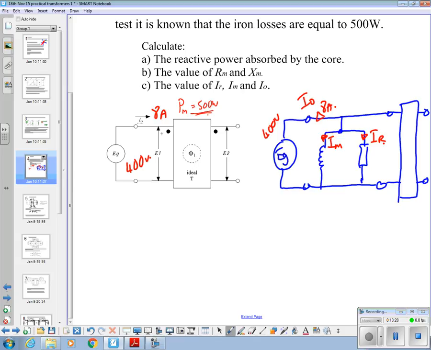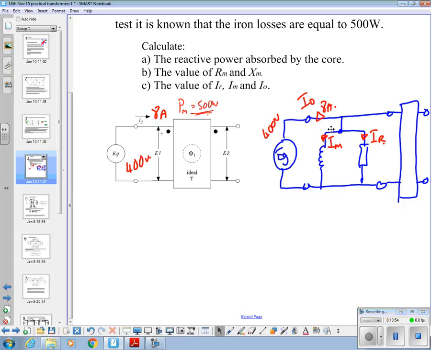I mean, that's not the way that I've done it in my solution. But you could use the 400 volts and the 500 watts to calculate it. So should we go down that route? Because with these exercises, you're not forced to stay in the order the question's been asked.